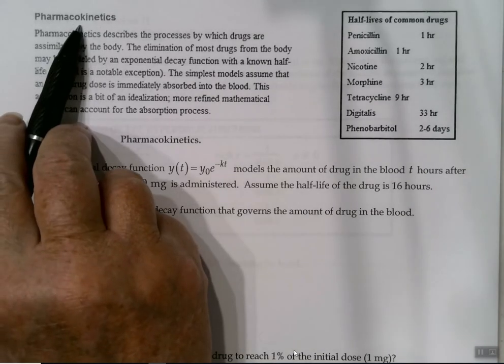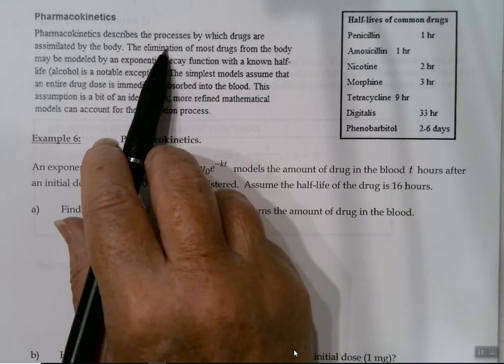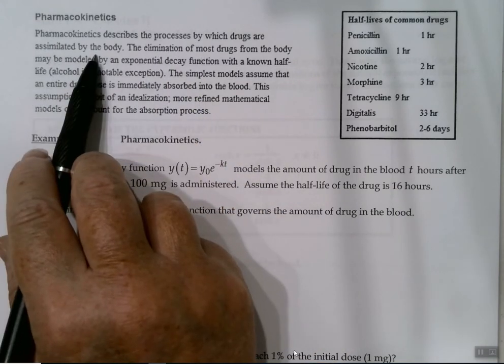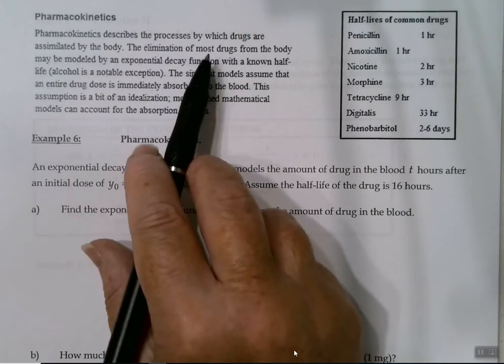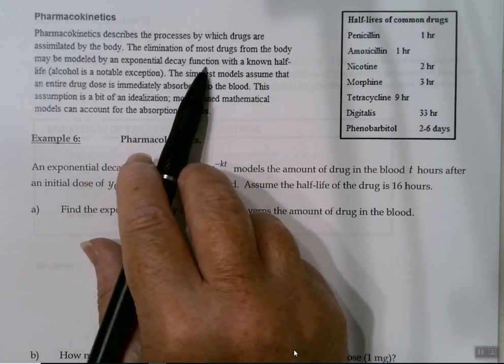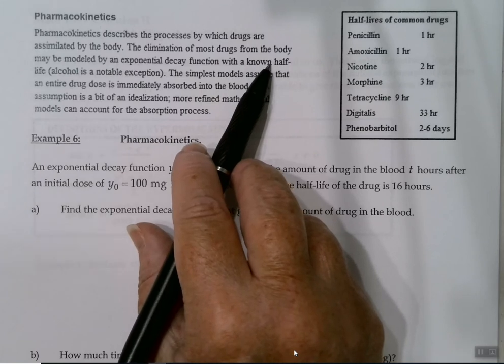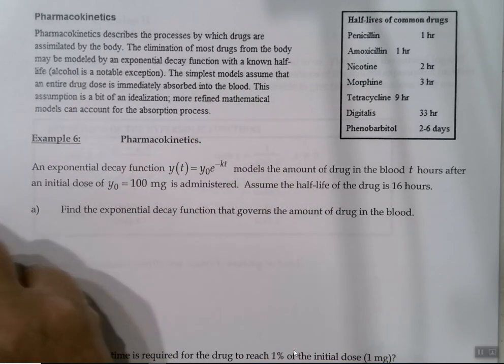The formal name for this is pharmacokinetics, the movement of medication. It describes the process by which drugs are assimilated by the body. The elimination of most drugs from the body can be modeled by an exponential decay function with a known half-life. By the way, one thing that doesn't work with this model actually is alcohol.